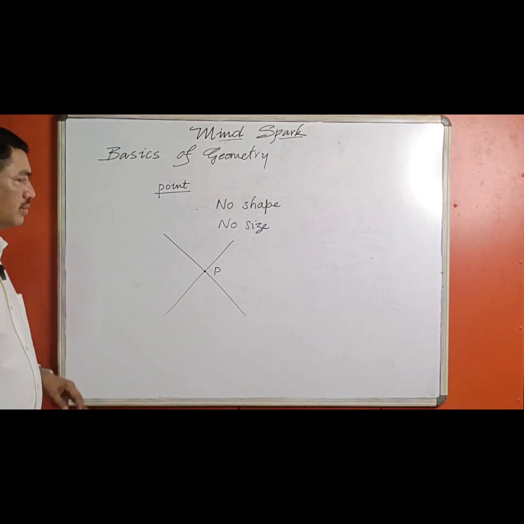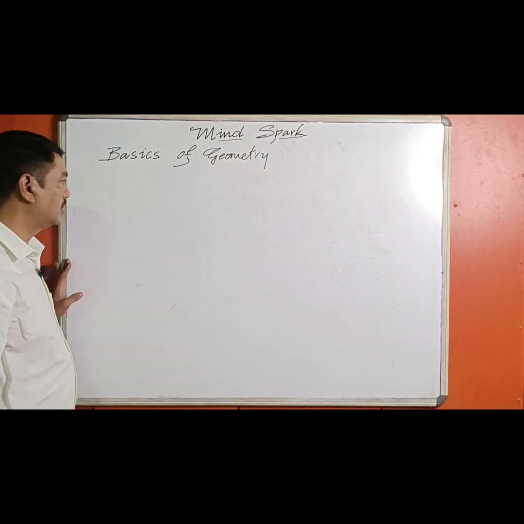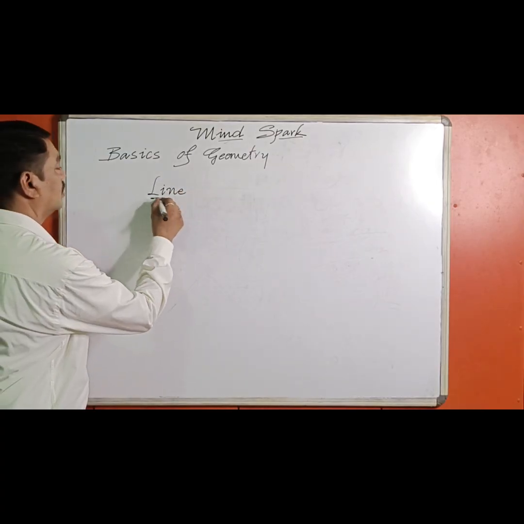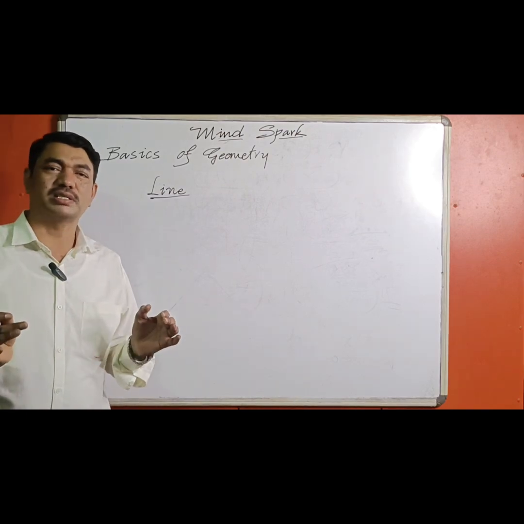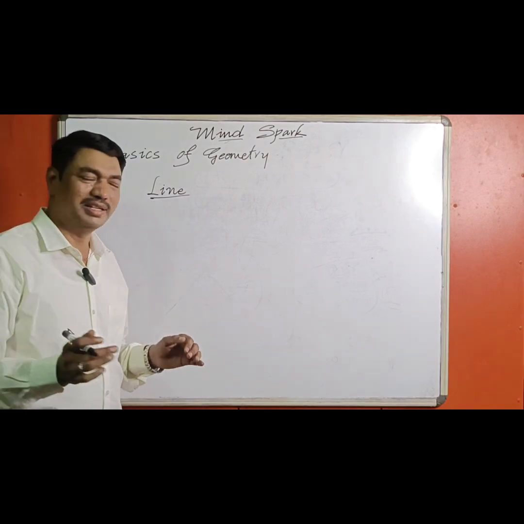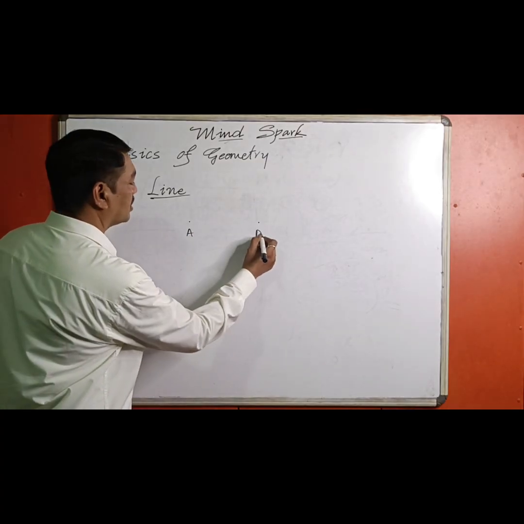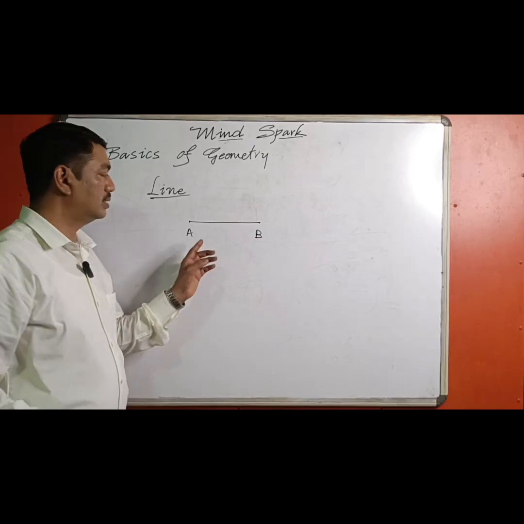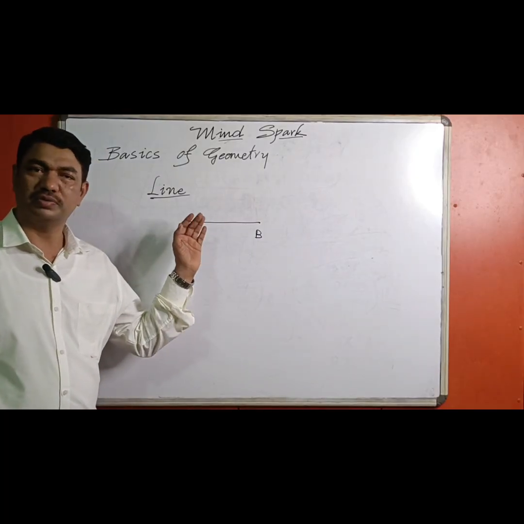Now coming to line. What is a line? A line is the shortest distance between two points, say point A and point B. That is the first definition.